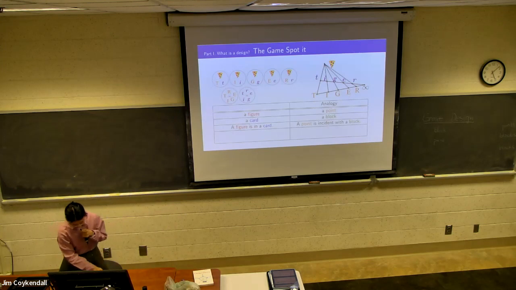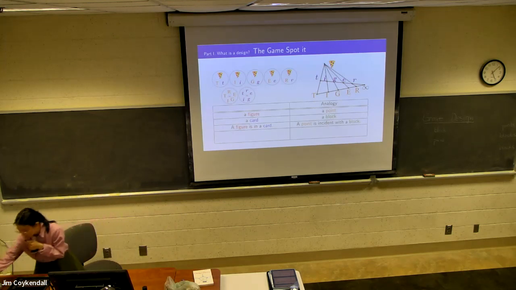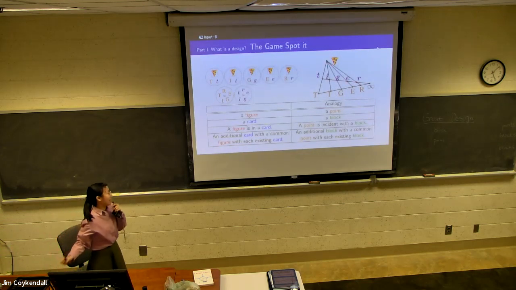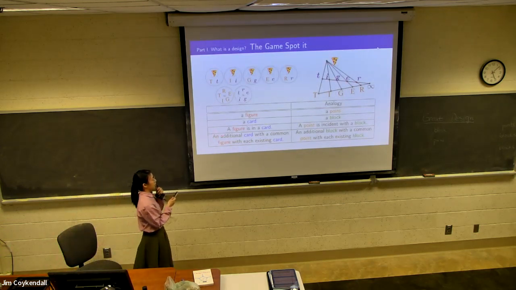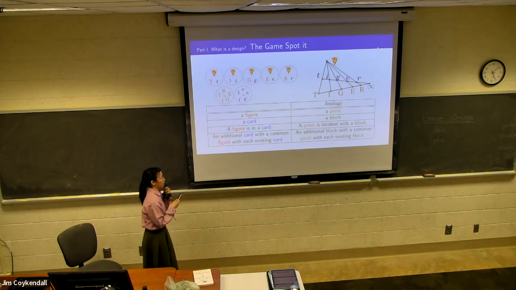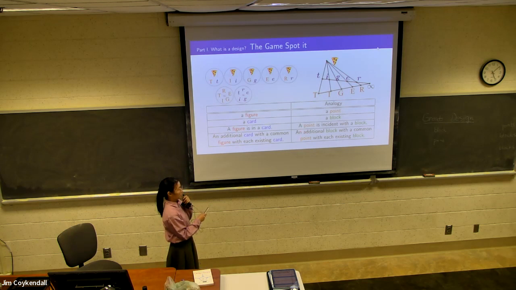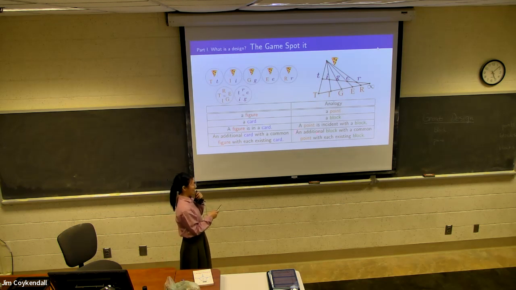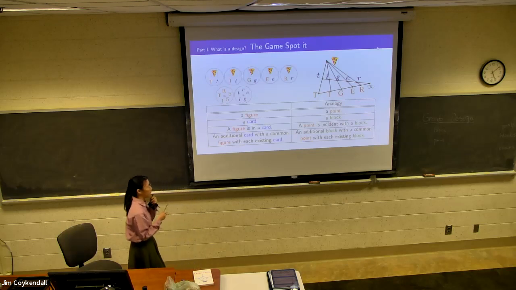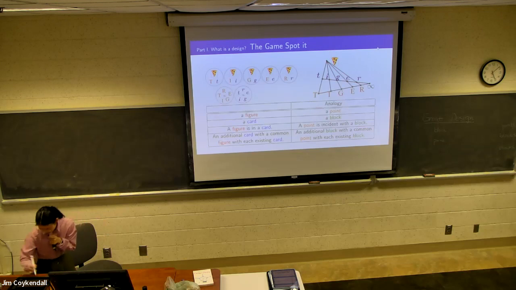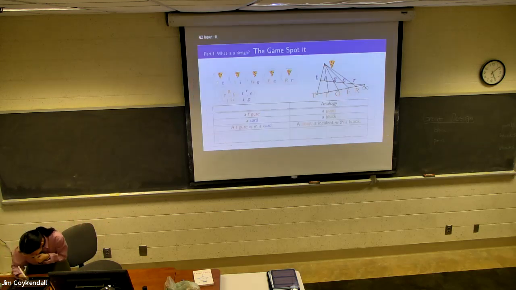And then if you do so, if you need to add an additional card that will have a figure in common with each of the existing cards, then it will just mean that I have to get an additional block that has a common point with all the existing blocks. So I can draw a line.